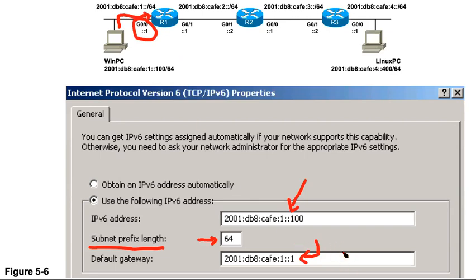Typically, this address is a link local address, FE80 something is what we use. But we can use the global unicast address as well. When it's dynamically, automatically configured, it's going to be the link local address. We'll talk about that later.